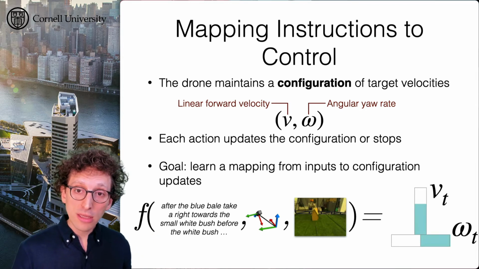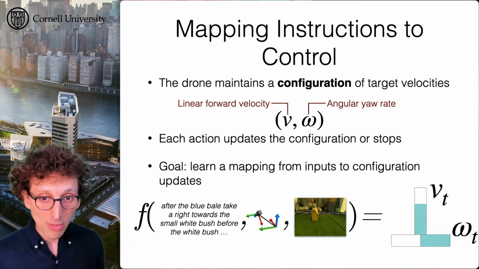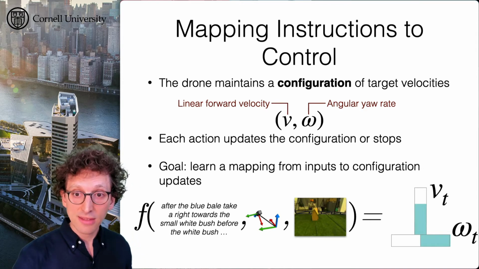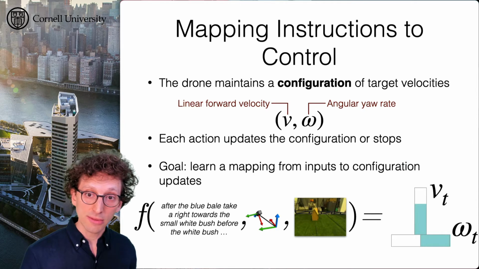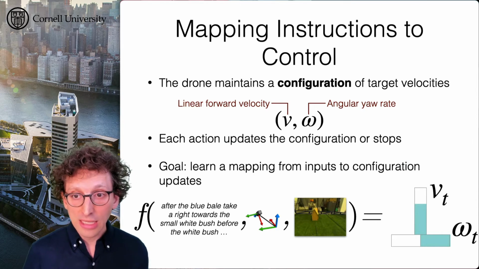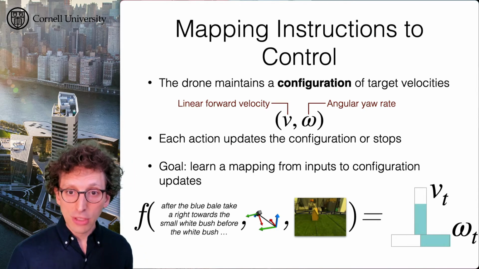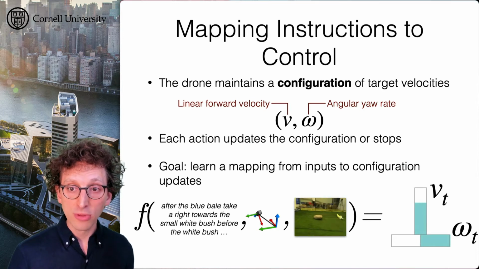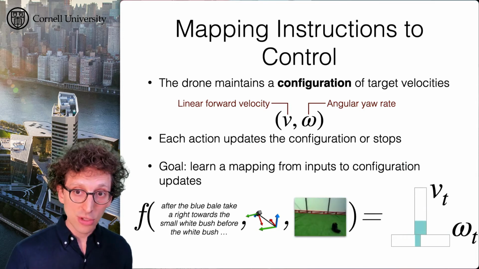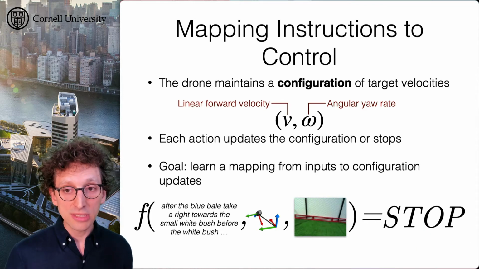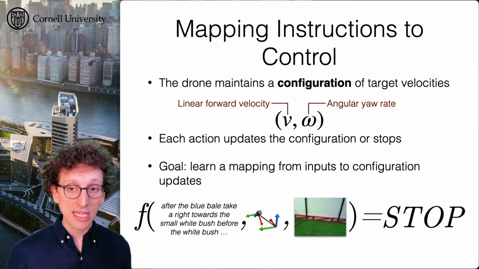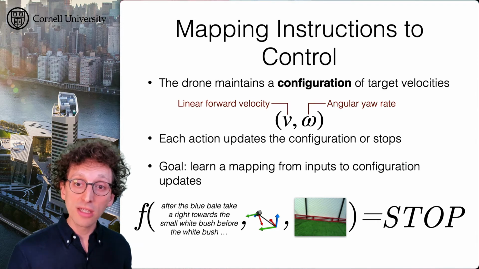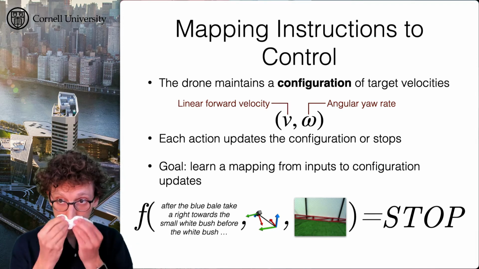Our goal is to learn a mapping from our inputs, the natural language instruction, the pose estimates, and the RGB input from the camera, into these configuration updates. So we continuously run this function and continuously output new configuration updates, so these two real numbers, until we reach the goal position, and then the drone needs to output the stop action to indicate it completed the instruction and come to a halt.